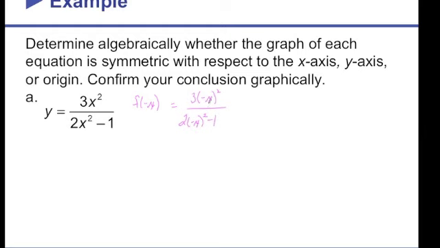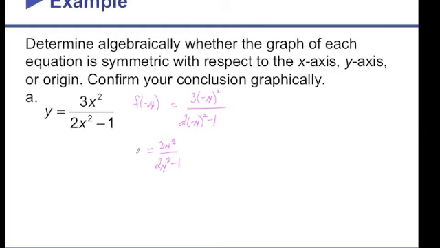Well, negative x times negative x, a negative times a negative becomes a positive, and that just becomes 3x squared. 2 times negative x squared, well, negative x times negative x turns into positive x squared, so I've really just got 2x squared minus 1.